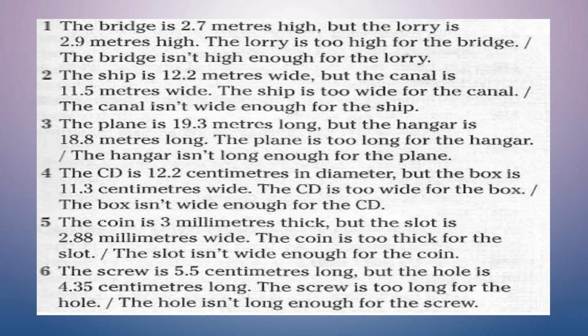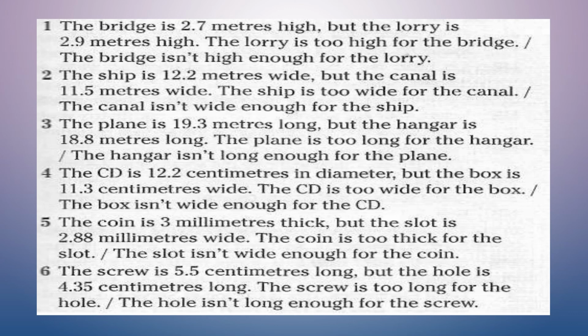Here the lorry is higher than the bridge, so it can't pass because it's higher. So the lorry is too high for the bridge, or we can say the bridge isn't high enough for the lorry.